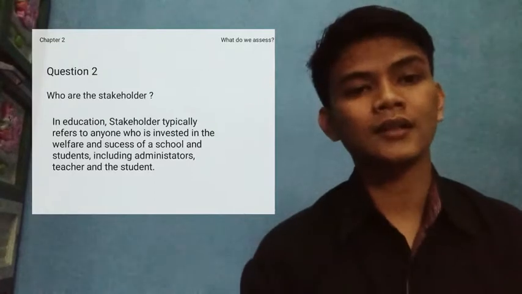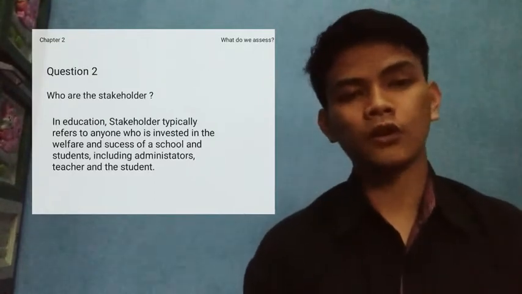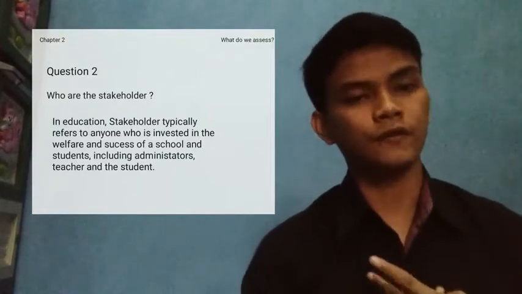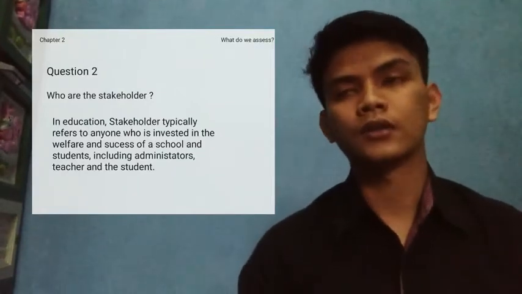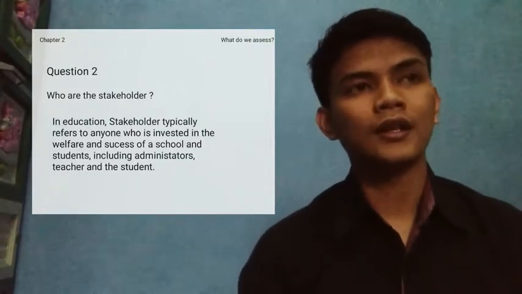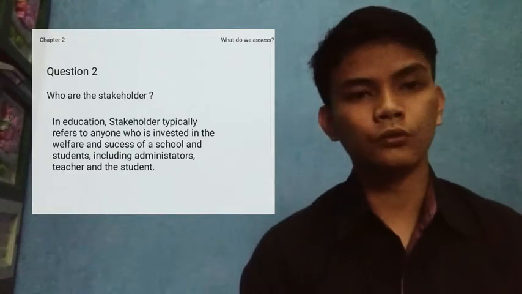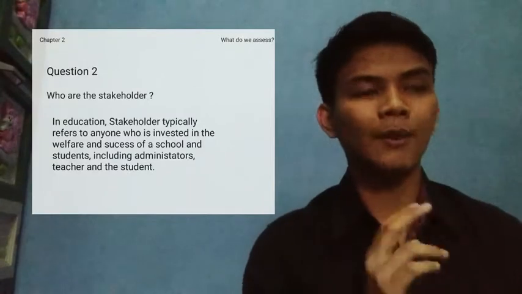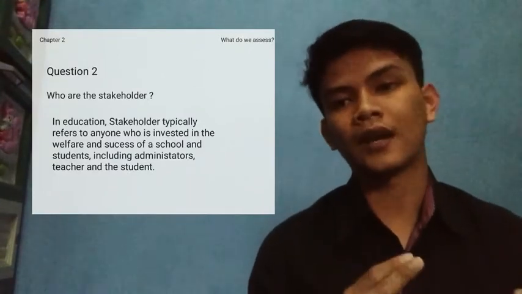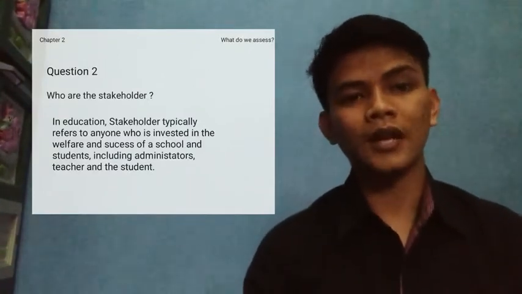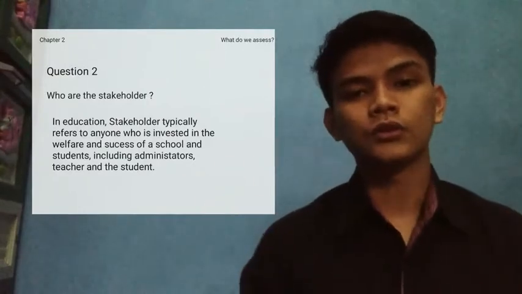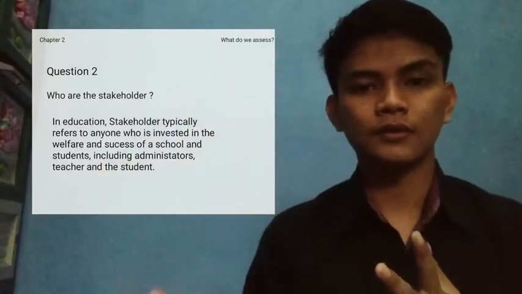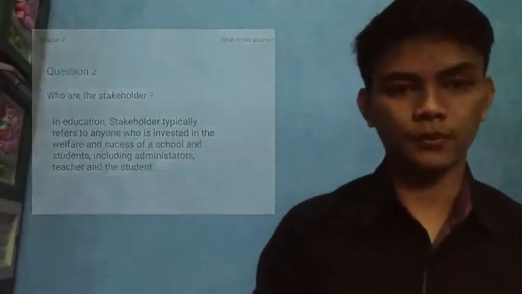In this context, I would like to talk about students. For students, we must consider their age. How old are the students? I think it is very important to know, because when we want to teach something, it must be adjusted to their age and their level, and all of them must be relevant to the course purpose.